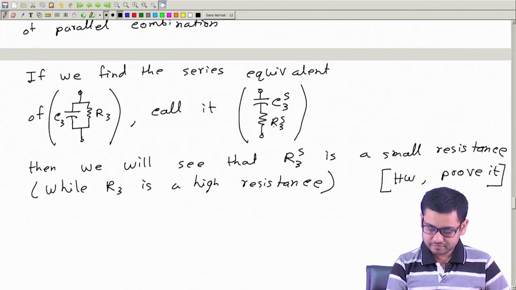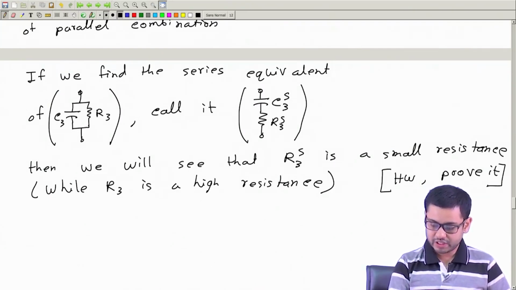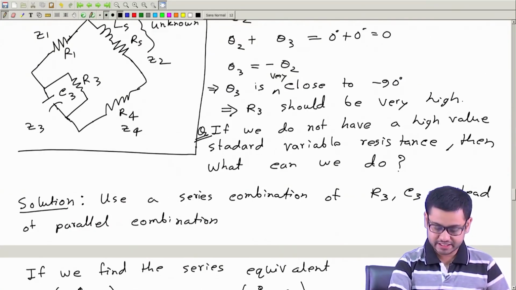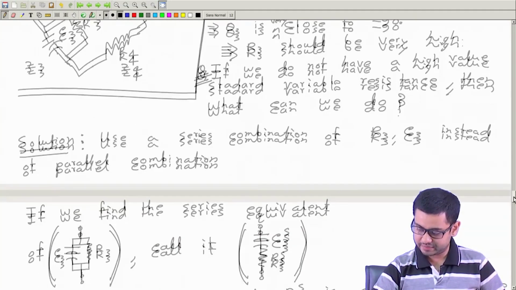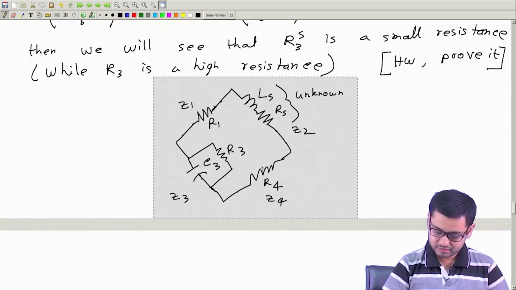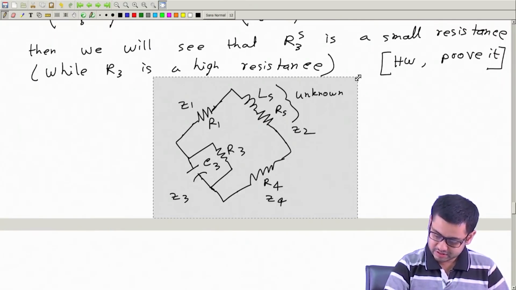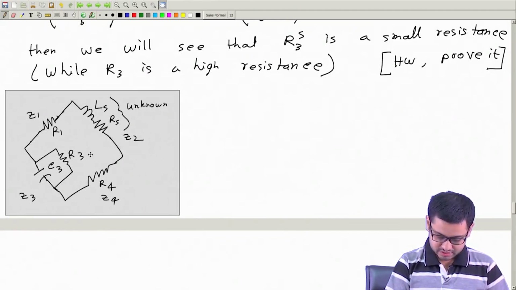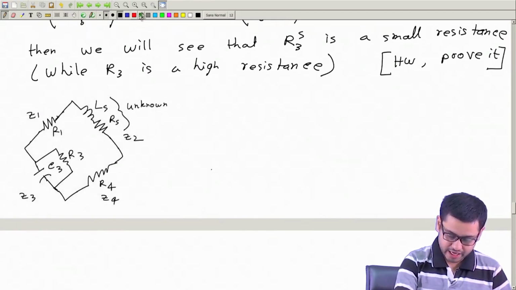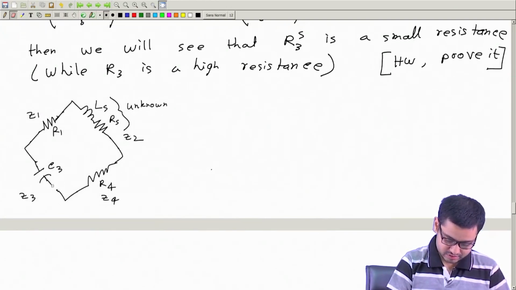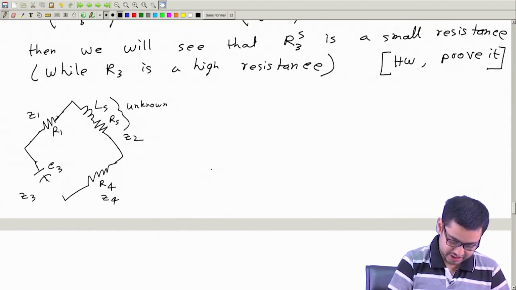Okay. So, this is the solution. So, instead of using these two in series, use R3 C3 in parallel. Okay. So, the new bridge, the modified bridge will have these two in series.